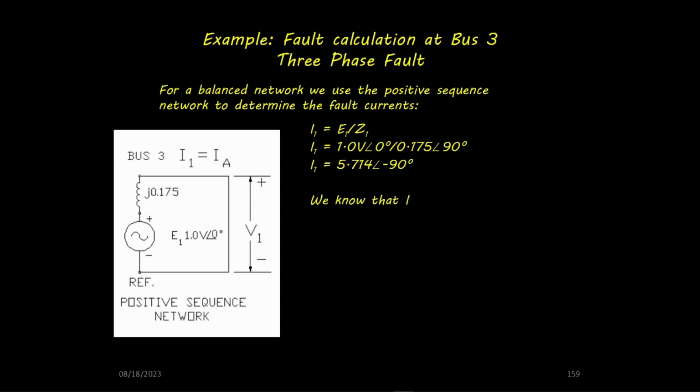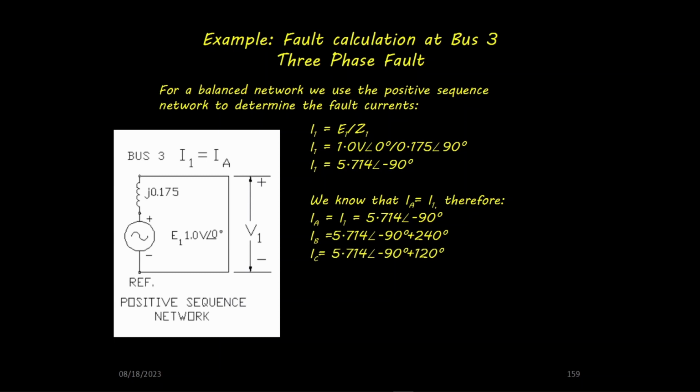We know that IA equals I1, therefore, IA equals I1 equals 5.714 at minus 90 degrees. IB equals 5.714 at minus 90 degrees plus 240 degrees. IC equals 5.714 at minus 90 degrees plus 120 degrees.